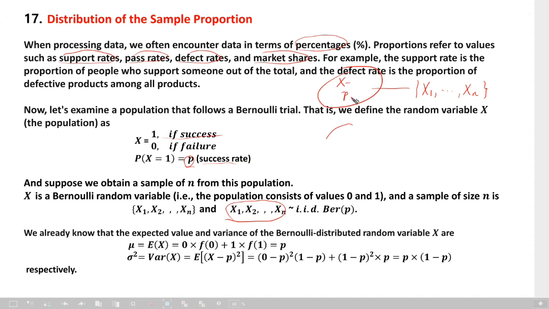So it is an unknown value. P is the parameter. And we already know that the expected value of X is p, and the variance of X, sigma squared, is p times 1 minus p. We already studied this too, so you can recall all of them from previous lectures.